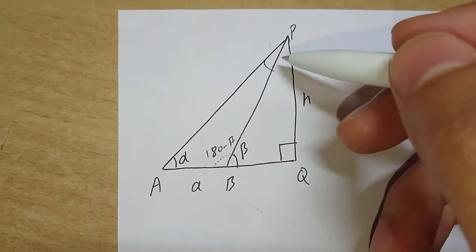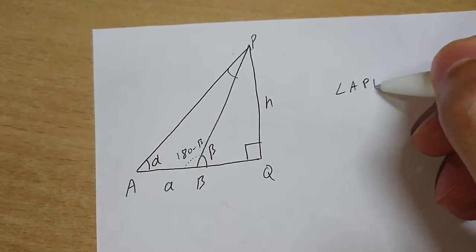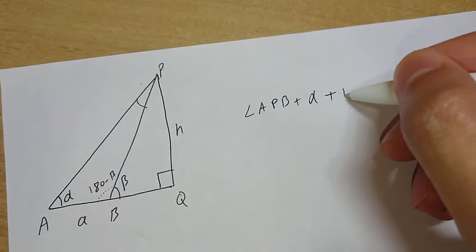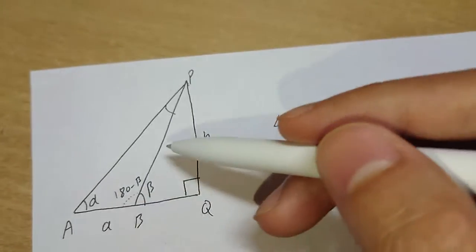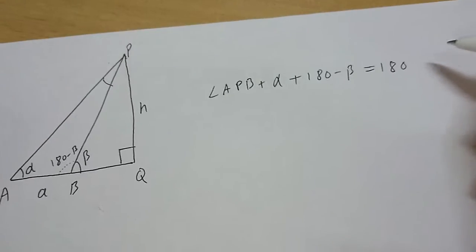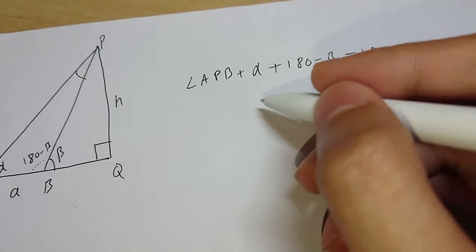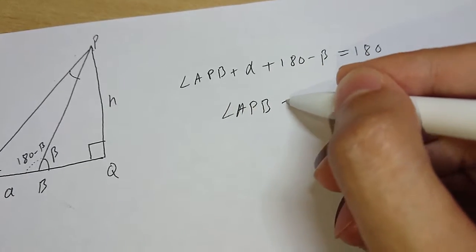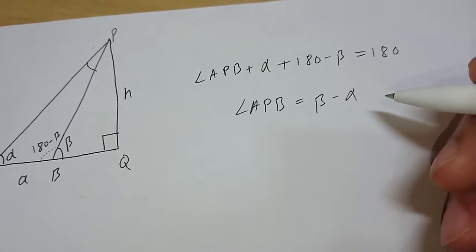So this angle will be equal to angle APB plus alpha plus 180 minus beta. The sum of all these three angles is equal to 180, and these 180 cancel out, and we are left with angle APB equals beta minus alpha.